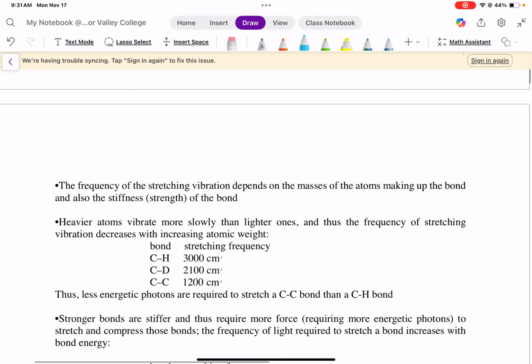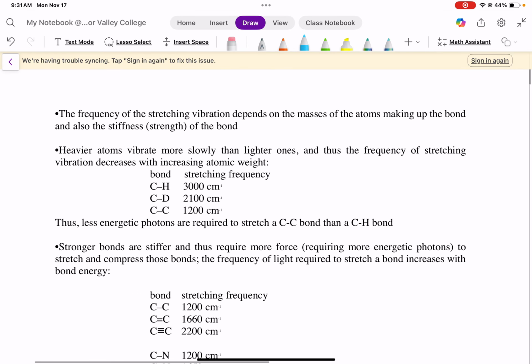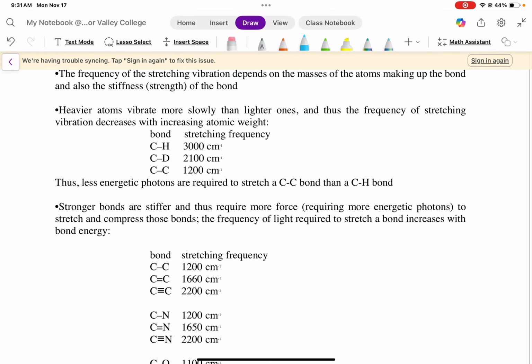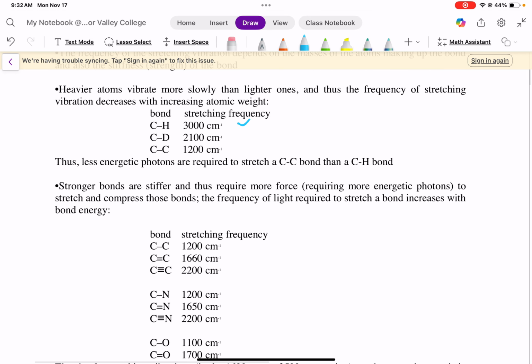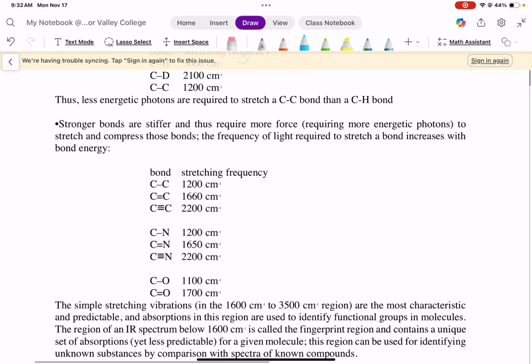Okay, and here are what's being observed. A CH bond around 3000, CD bond, that's deuterium, and then CC bond 1200. Now here's a good comparison among the CC single bond, double bond, or triple bond, and you can see there's a good trend of increasing energy as you get more bonds, right? Same for CN single bond versus CN double bond, CN triple bond.